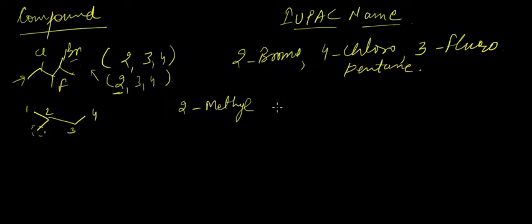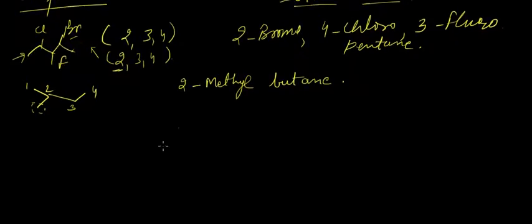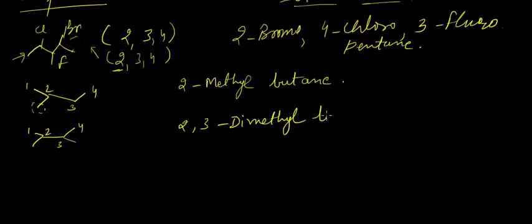So 2 methyl, there are 4 atoms in the chain, butane. Okay, we have something like this. Let's calculate the longest chain. This is the longest chain. Substituents are found at the 2 position and the third position, 2,3 dimethyl butane.